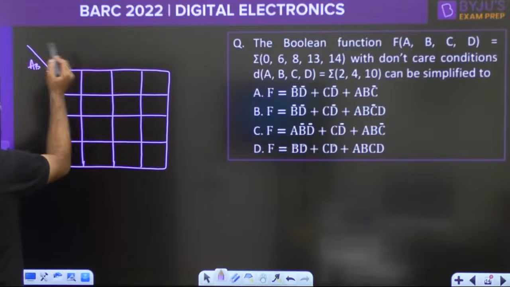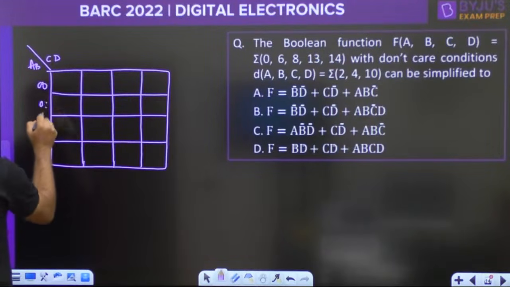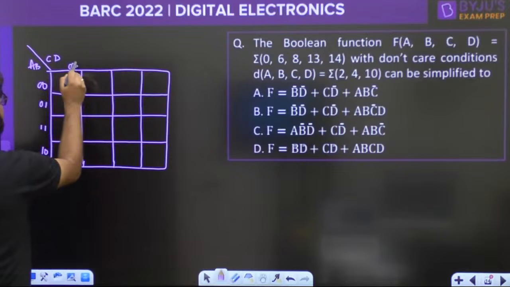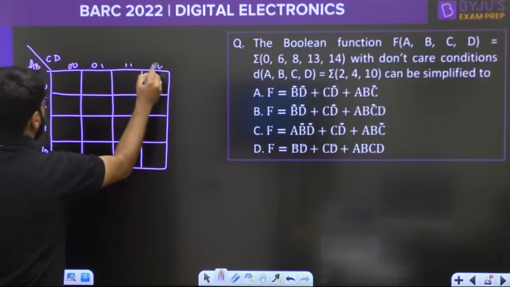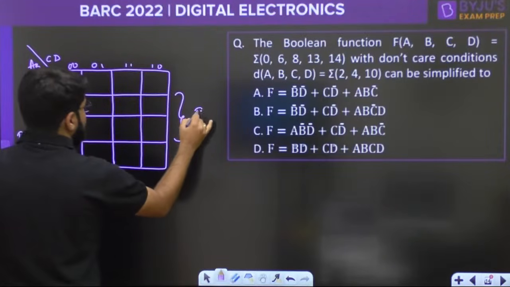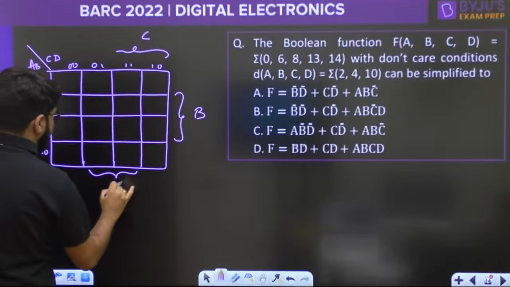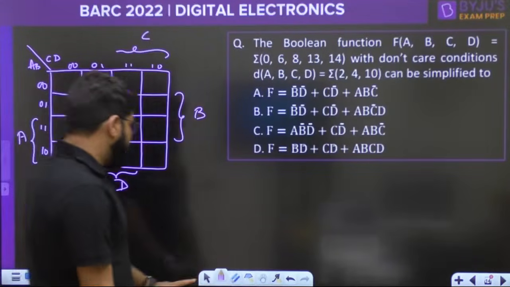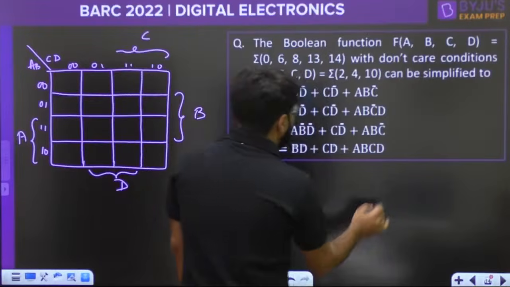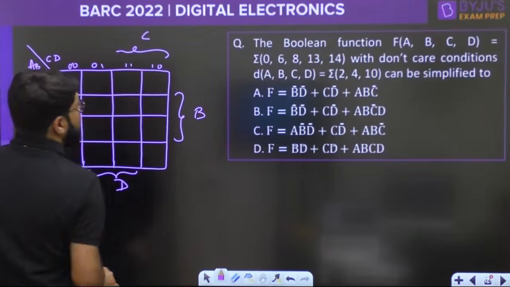Let's take 4 variables named A, B, C, D. Then this is 0, 0, 0, 1, 1, 1, 1, 0 according to the gray code. This turns out to be A, this we call B because here B is high, we call this portion C, and let's take here D as high. Now what are all the minterms?